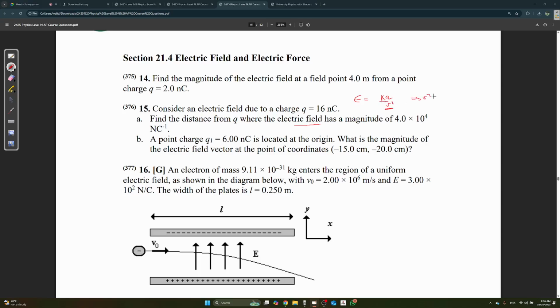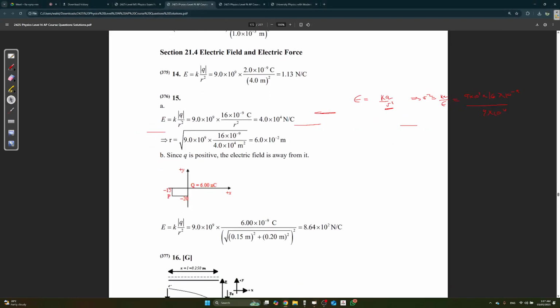So r squared would just be kq over E. So k is 9 times 10 to the 9, Q is 16 nanocoulombs, so 16 times 10 to the power of negative 9, over E, which is 4 times 10 to the power 4. And you get r squared, so you just have to square root that. Let's take a look. So this, as we did, and then you have to square root it. So you get this value over here.